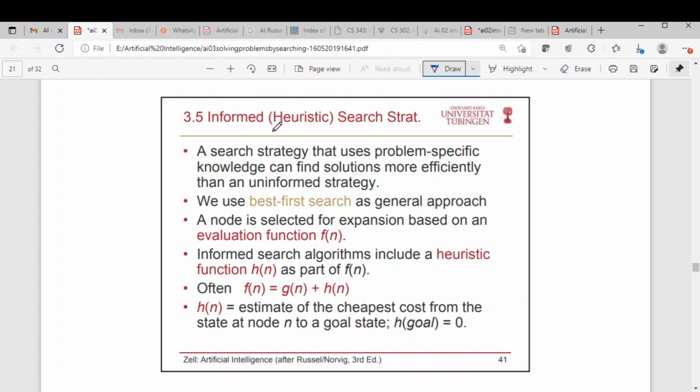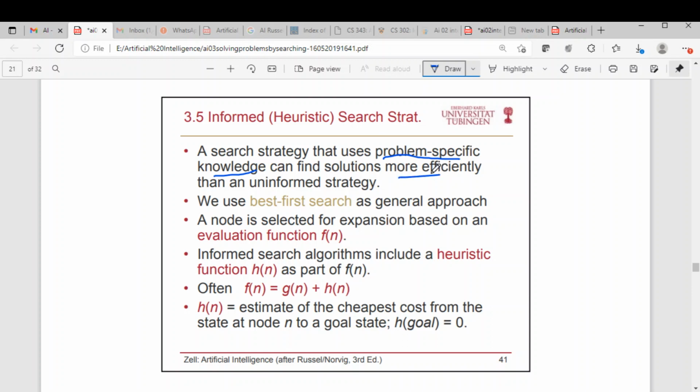Heuristic search techniques take advantage of problem specific knowledge.